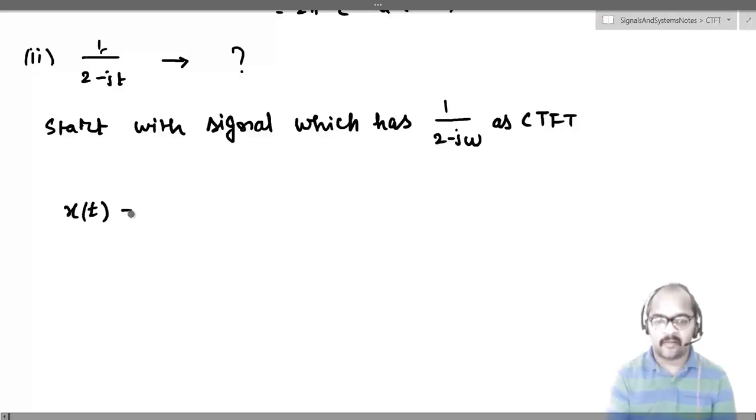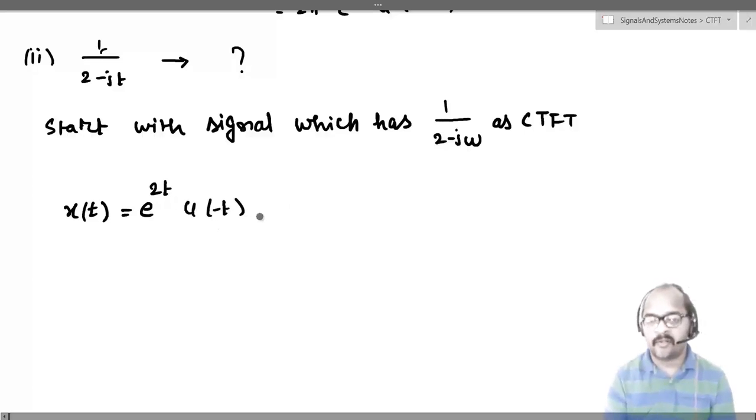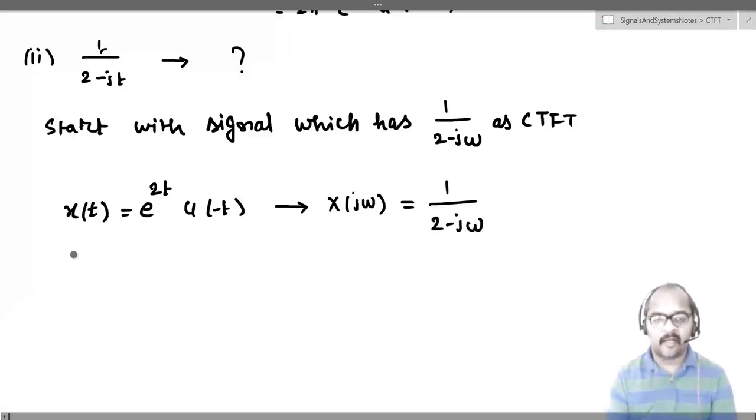Who is that here? The x of t should be e power 2t u of minus t. Correct? So e power 2t u of minus t will have x of j omega as the Fourier transform, which is 1 by 2 minus j omega. Now again we replace omega with t. So what do we get? X of jt, which is equal to 1 by 2 minus jt.